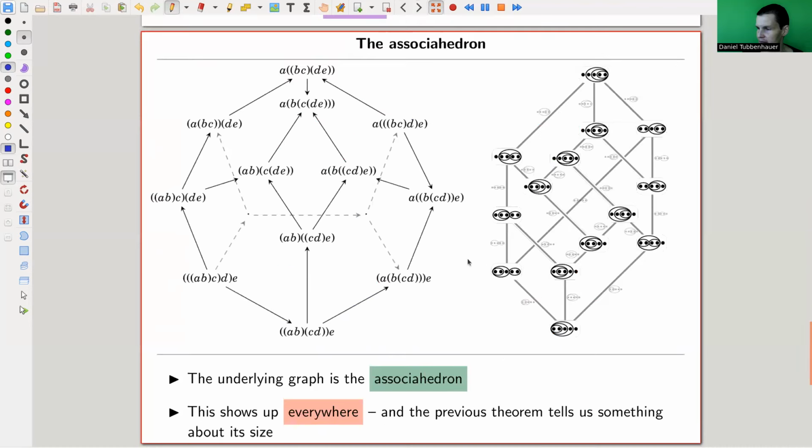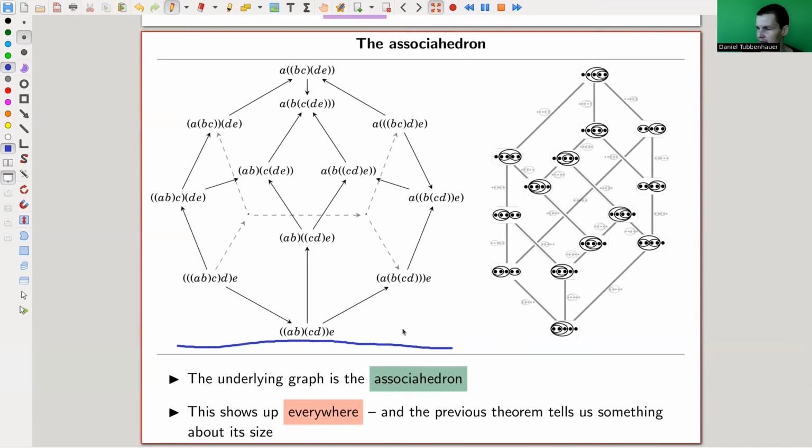You can think of a bracketing and ask, what are the associativity moves that I need to apply? And I write down a graph. Whenever an associativity move gets me from one neighbor to the other, I write down an edge, and that graph is called the associahedron, for any number of vertices. And you ask the question, how connected is that graph? And it's exactly the answer from before.